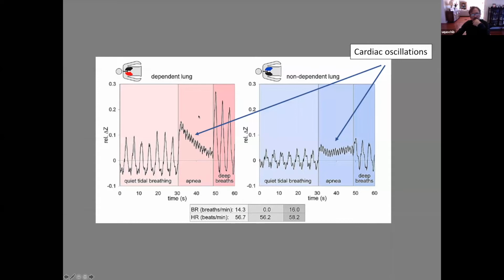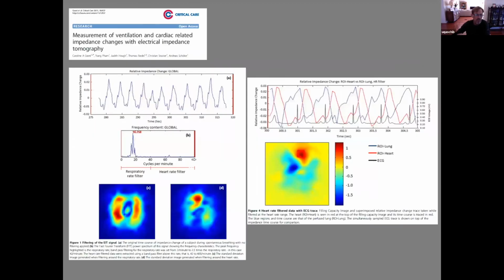So if you have a healthy subject holding the breath, you can see that these oscillations are on top of the signal. And you can do that in the dependent lung, you can do that in the non-dependent lung, but this part of the signal is of interest as well, and we call that the cardiac oscillations.